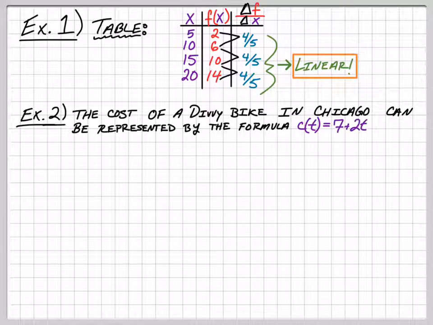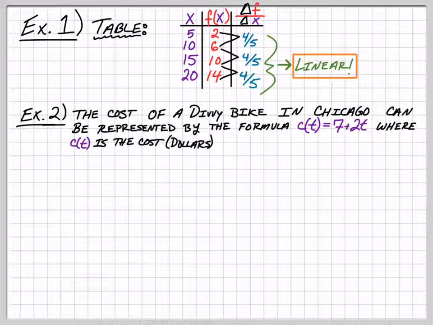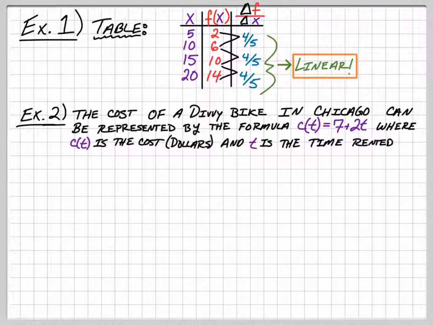So I'm going to use c of t, it's a function, c of t equals 7 plus 2t. So you can probably guess what t stands for, the input, and then what the output c of t stands for. So c of t is going to be the actual cost at the end of the day in dollars, and t is going to be the time, and that's measured in minutes. Actually, excuse me, that's measured in hours for this example.